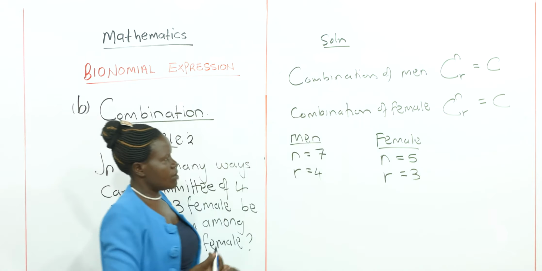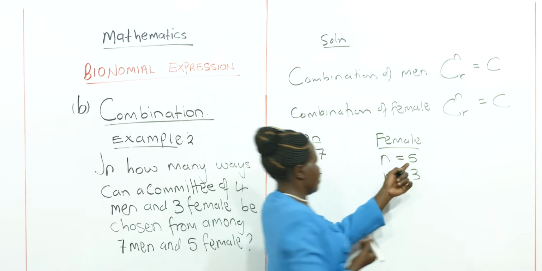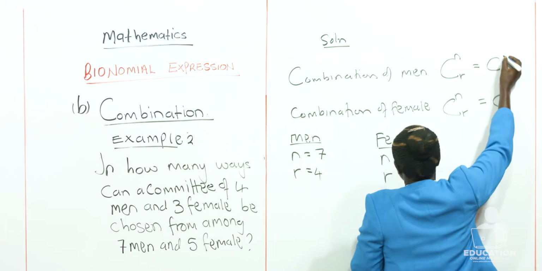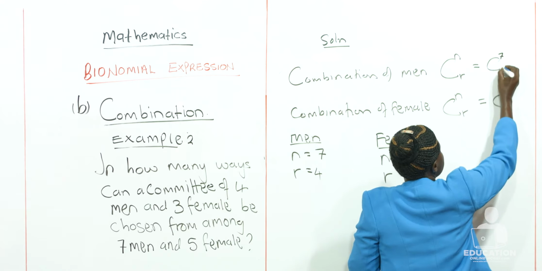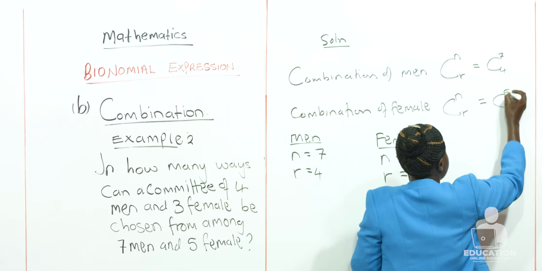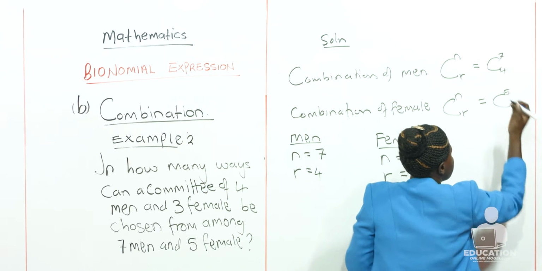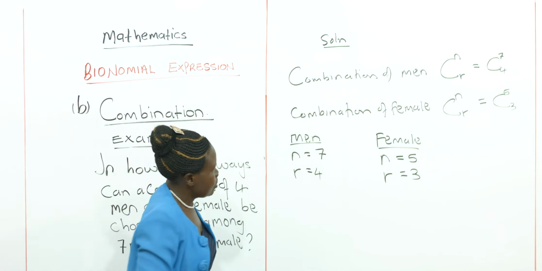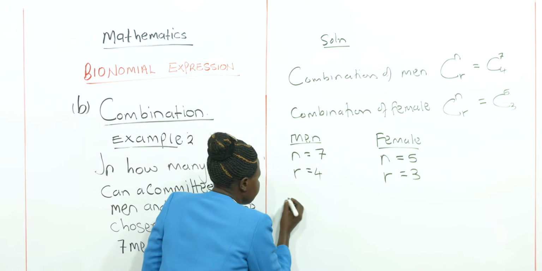Once you have got that, you can substitute. For men we have 7 and 4, and here we have 5 and 3.